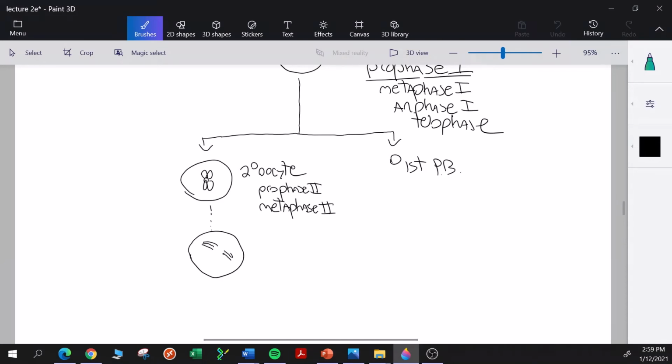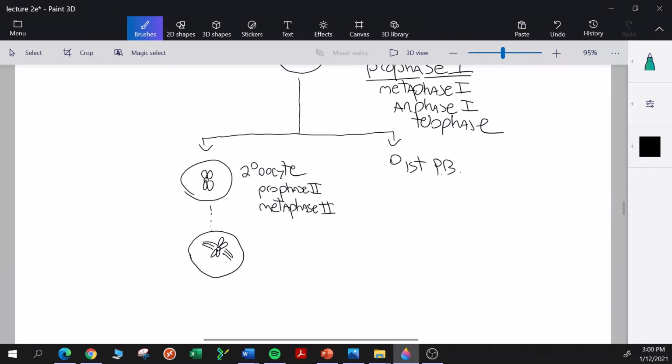That's my meiotic spindle, and that's one of the 23 dyads that should be found in this human secondary oocyte. Now that is what is released during ovulation.